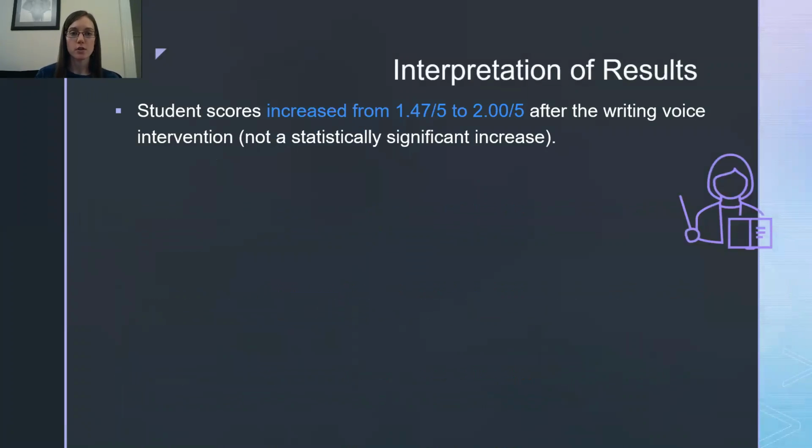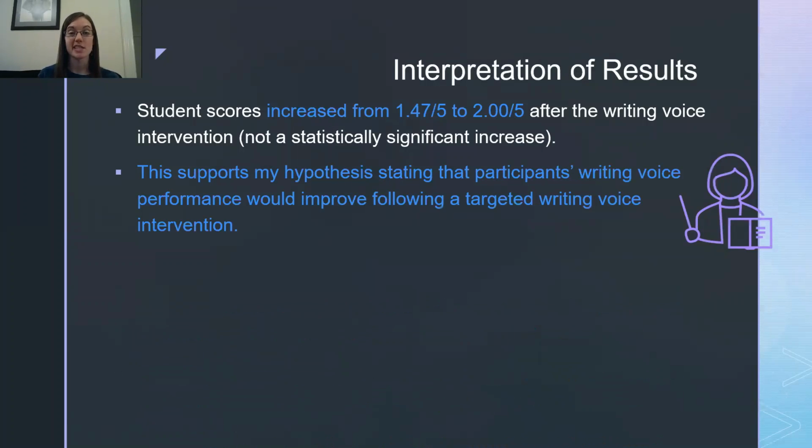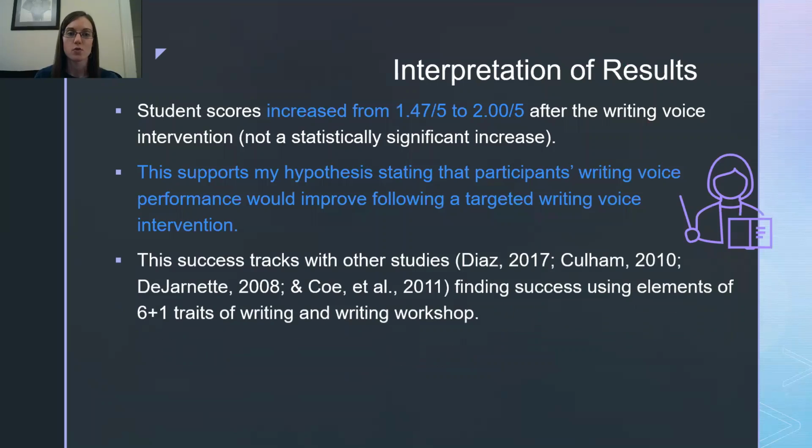First, student scores increased from 1.47 to 2 out of 5, which isn't statistically significant, but that result still supports my hypothesis stating that participants' writing voice performance would improve following a targeted writing voice intervention. So even if it wasn't statistically significant, it was still an increase, which is cool.